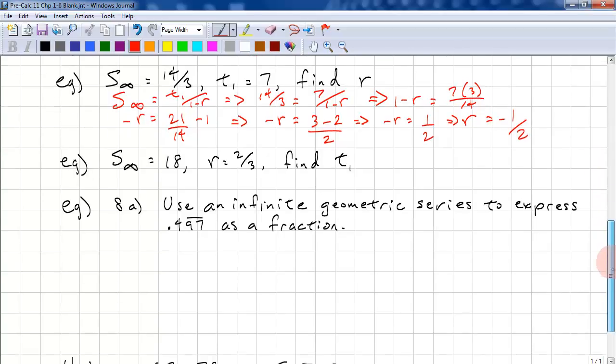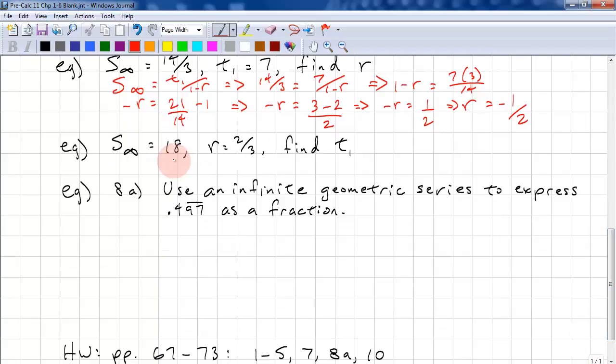Another example. The infinite sum is equal to 18. The ratio is 2/3. Find T1. So S infinity equals T1 over 1 minus r. Substitute everything in. We have 18 equals T1 over 1 minus 2/3.